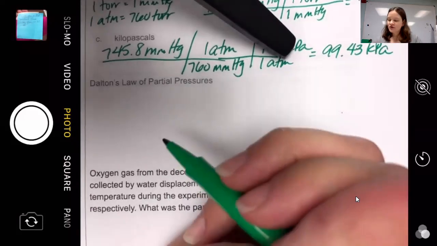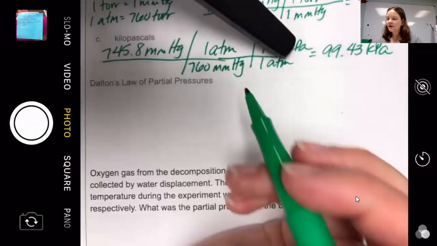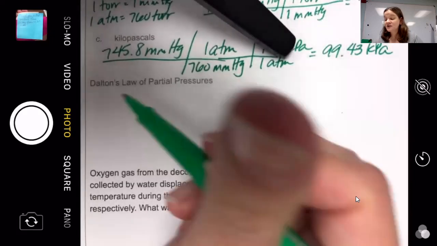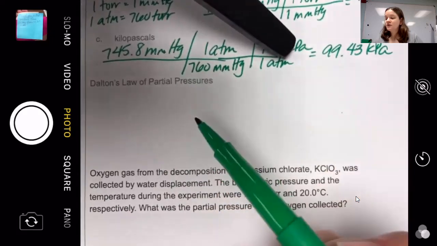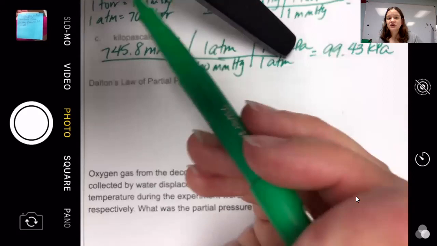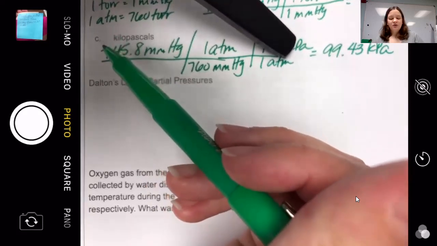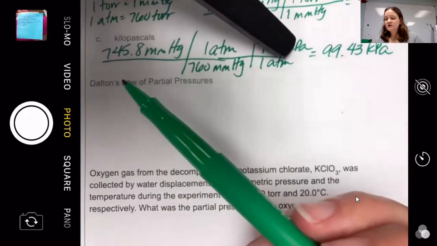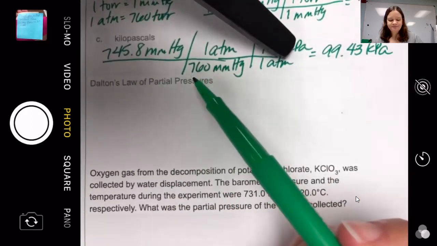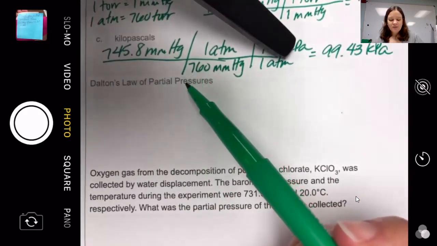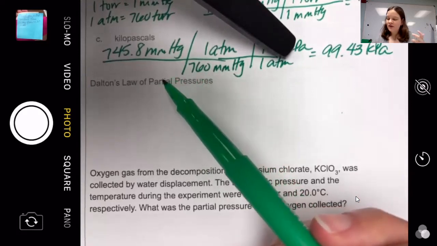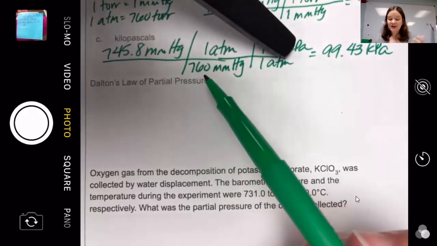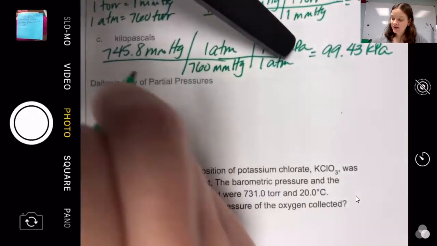So Dalton's law of partial pressure is our next and our last topic. If you're still struggling with the conversions, you might go try some more practice problems, but it's a pretty straightforward conversion. The law of partial pressure applies when you have a mixture of gases.